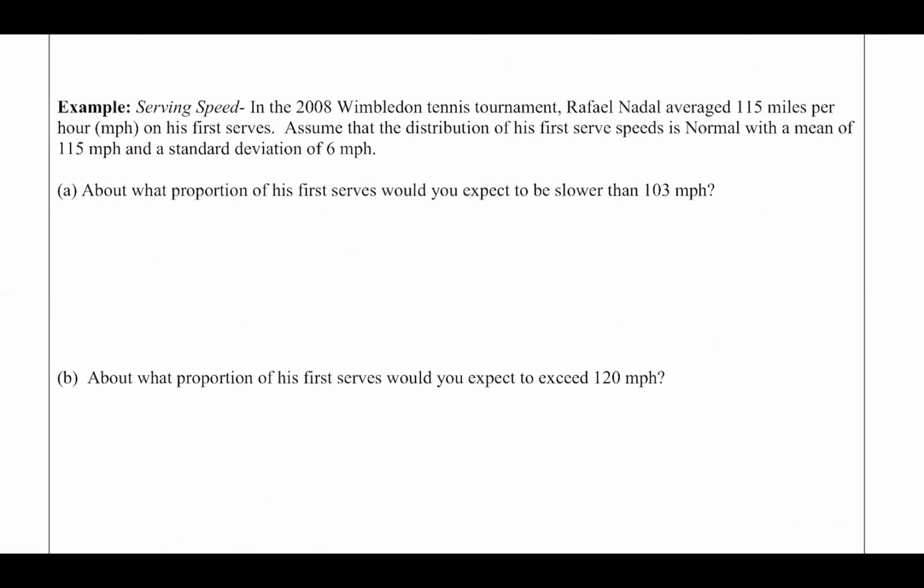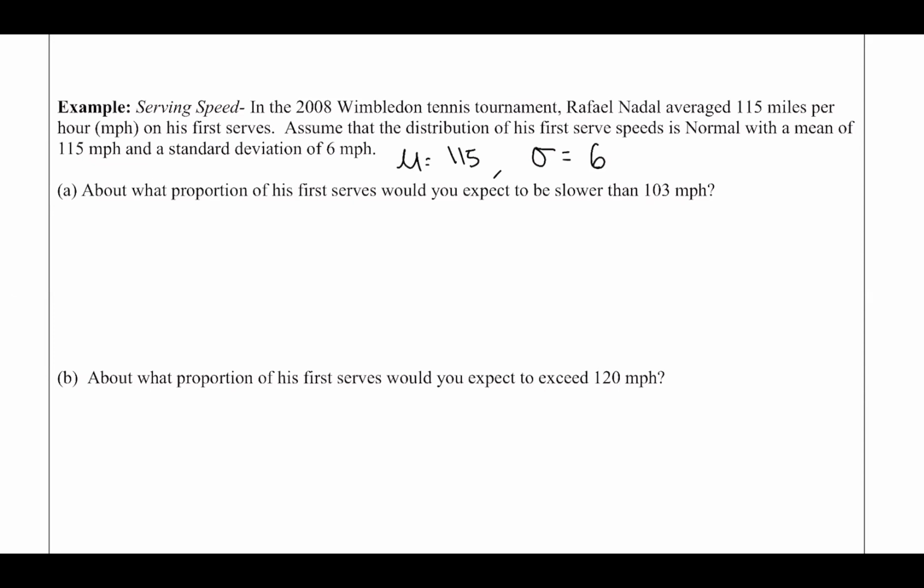They're telling us mean is equal to 115. They're also telling us standard deviation is equal to 6, just by the wording of the problem. Because they say the mean is 115, standard deviation is 6 miles per hour. All right. Everybody good on mean is 115 and standard deviation is 6?